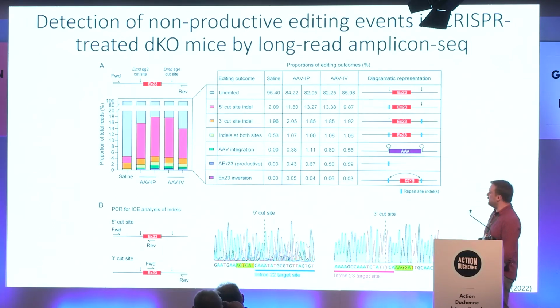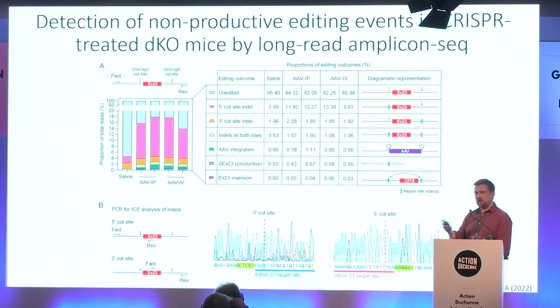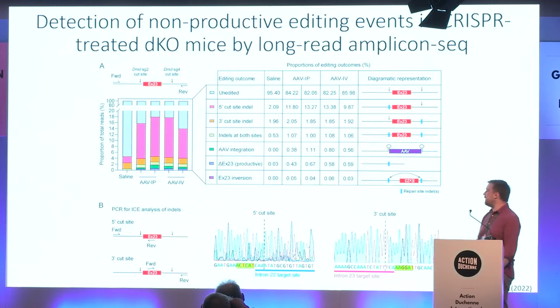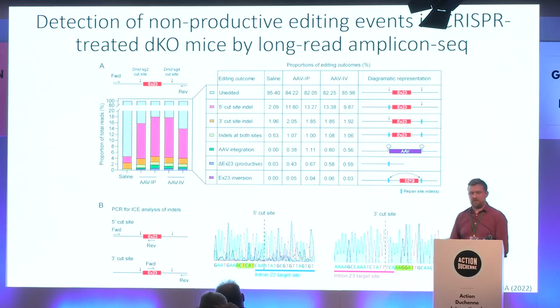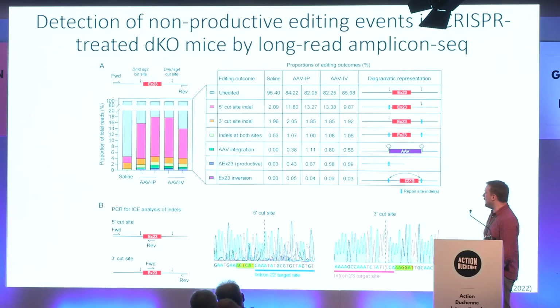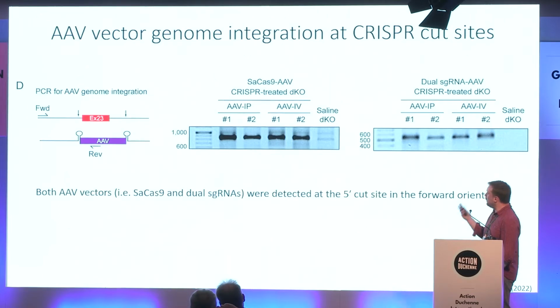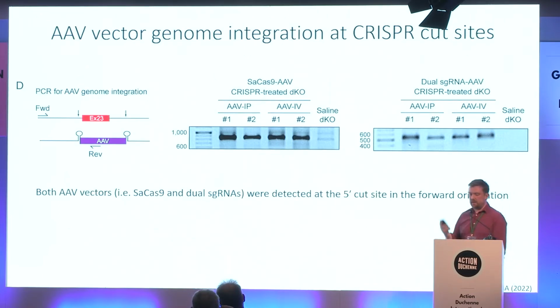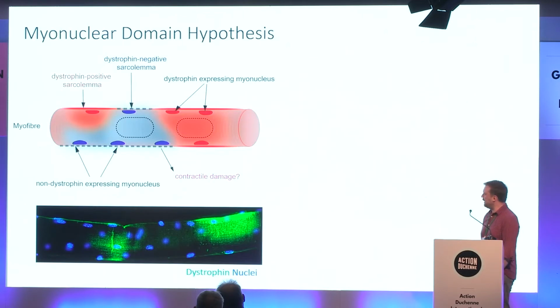But we also detected a substantial amount of AAV backbone genome, so the viral vector that was used to deliver the CRISPR apparatus had integrated at the cut sites. And this would obviously be an undesirable outcome. And we confirmed that AAV vector integration by PCR also.